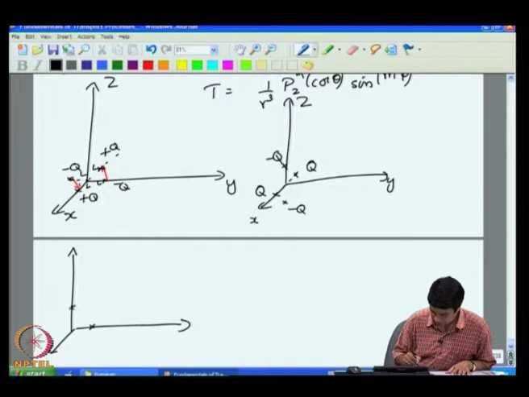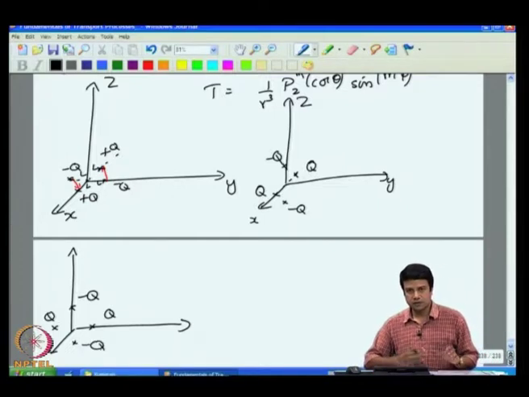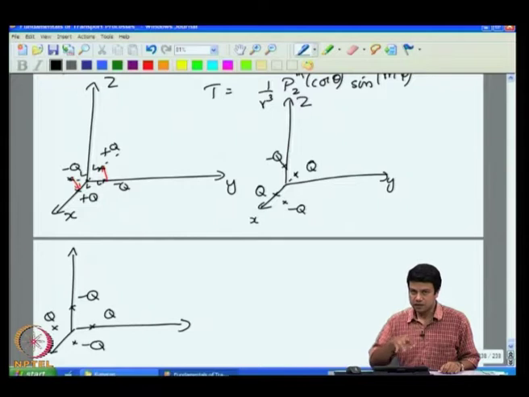So, these are 3 along the 3 different planes. If you arrange 2 sources and 2 sinks equidistant from the origin along 2 of the axes in such a way that the net source is 0 and the net dipole moment is also 0.